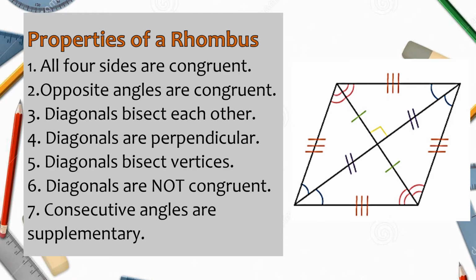Then, diagonals bisect vertices. Noong dumaan ang diagonal sa mga vertices, nahati nila ang angle sa dalawang equal parts. Diagonals are not congruent, and the consecutive angles are supplementary. Again, kapag sinabi nating supplementary, kapag pinagsama ang kanilang measurement, makakabuo sila ng 180 degrees.